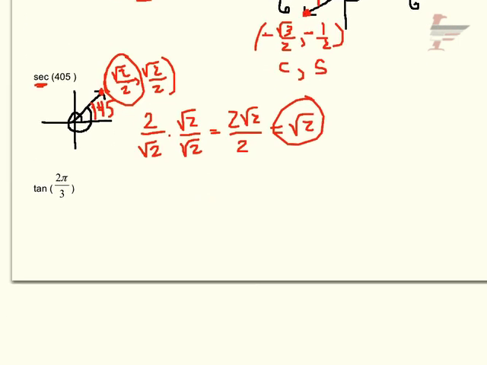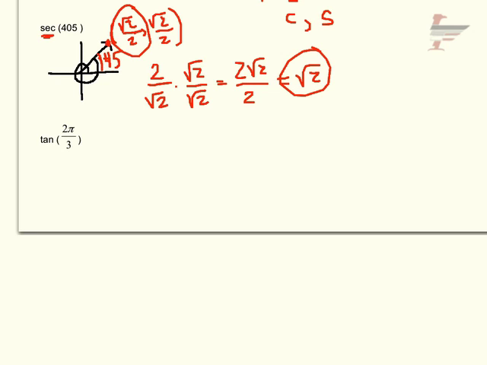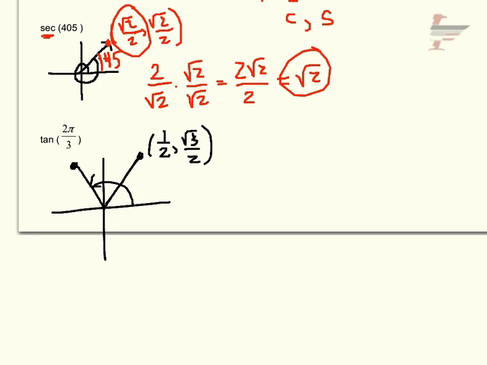Alright, and the last one, tangent of 2/3 pi. So again, visualizing this on your unit circle, figure out where 2/3 pi is. So 1/3, 2/3, so there's 2/3 pi. And if I know over here that a third pi has the coordinates of 1/2 and square root of 3 over 2, then I know over here they're going to have the coordinates of negative 1/2, square root of 3 over 2.